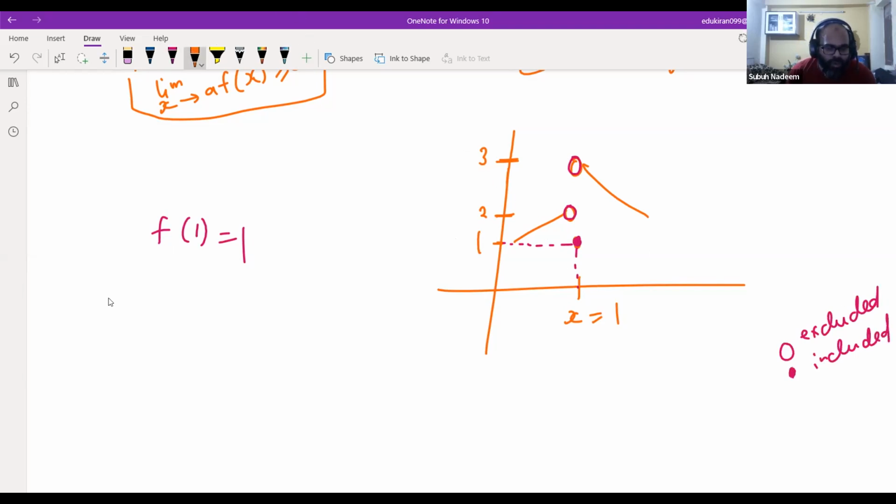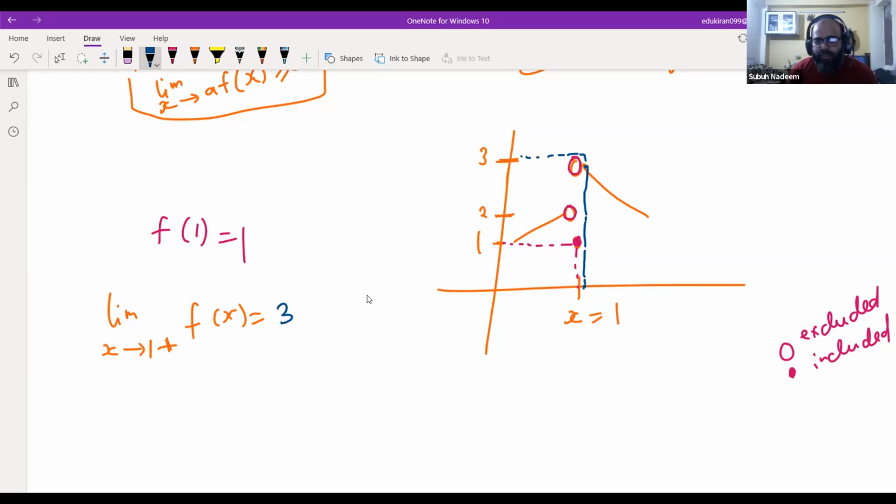So at x is equal to 1, the value is 1. If you talk about limit x tending towards 1 plus f(x), so right of 1, the output would be from this line. Since it is very, very close to 1, it will be almost 3.